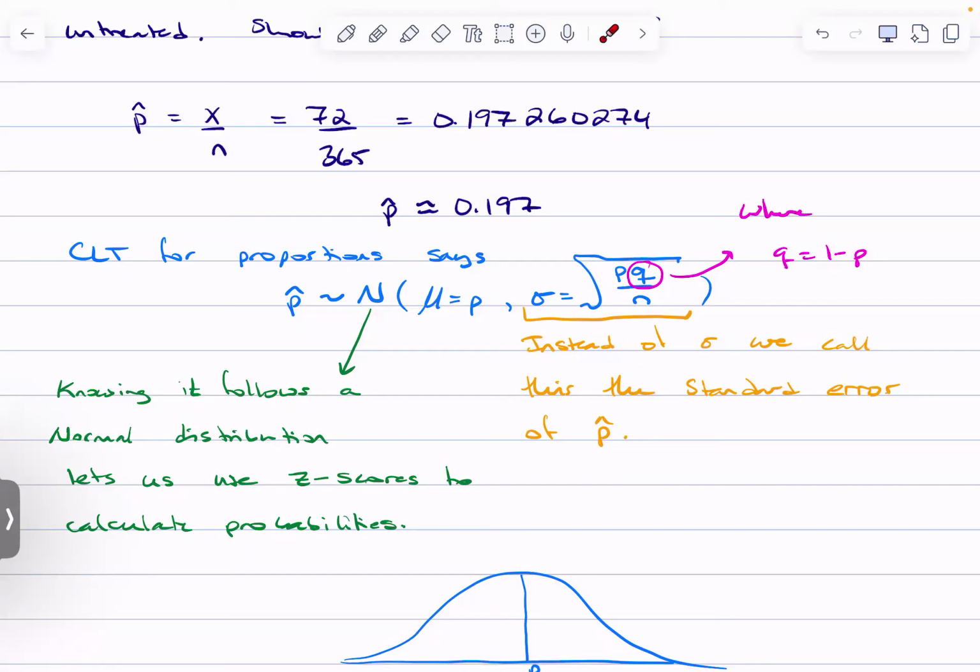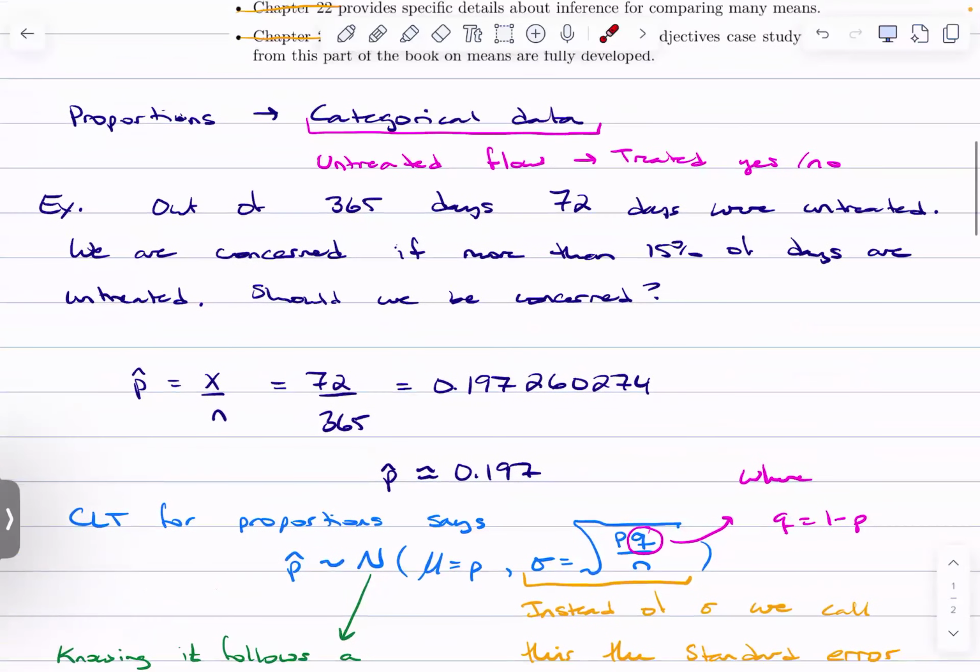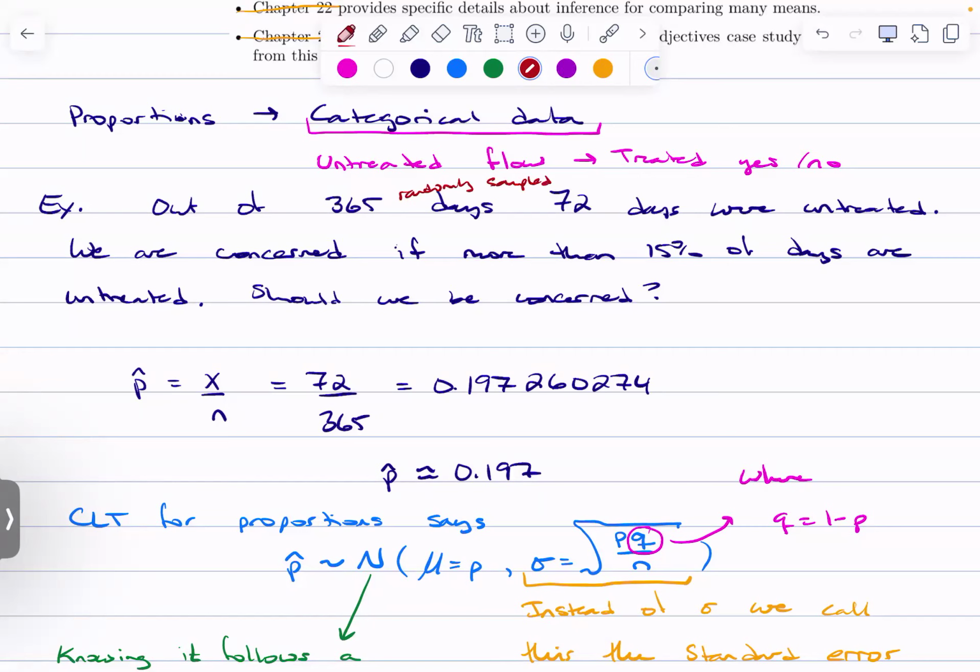And broad strokes, our observations have to be independent of each other, right? How can we accomplish that? We can accomplish that by randomly sampling, right? We collect a random sample. Okay? And so out of 365 randomly sampled days, let's add that in, whatever.